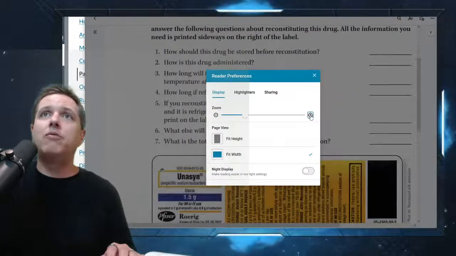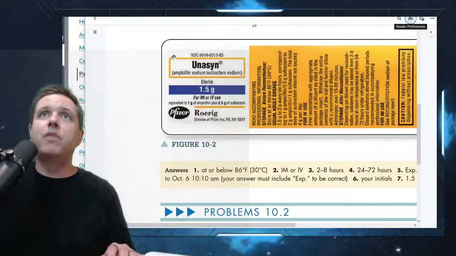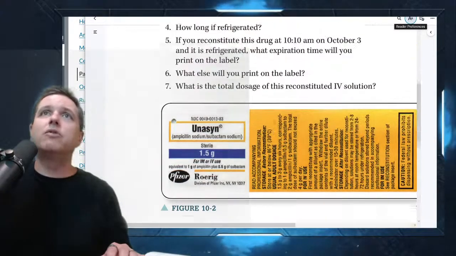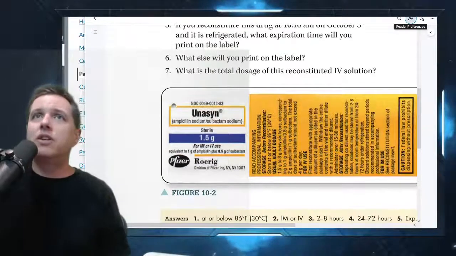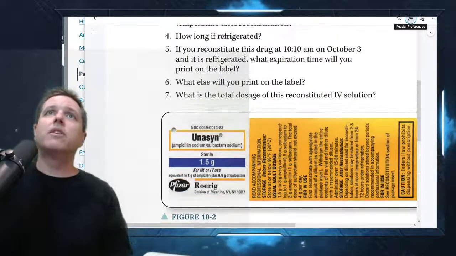I'm trying to show you stuff, but then it's too small to read. It says storage before reconstitution. So what was the question? How should this drug be stored before reconstitution? So it says store at or below 86 degrees Fahrenheit, 36 degrees Celsius. So we see right here where my cursor is moving. Okay.